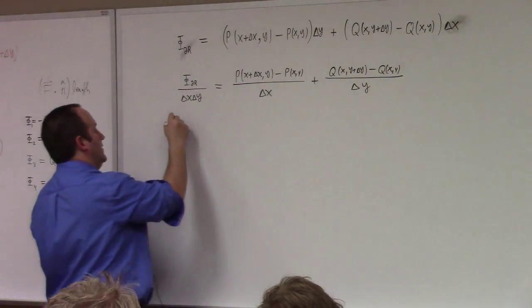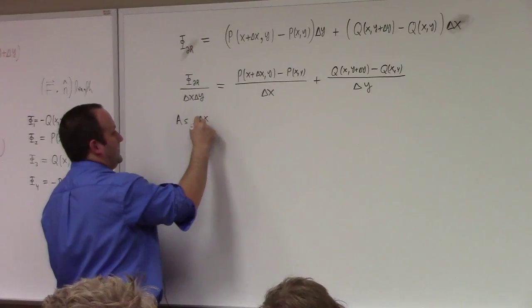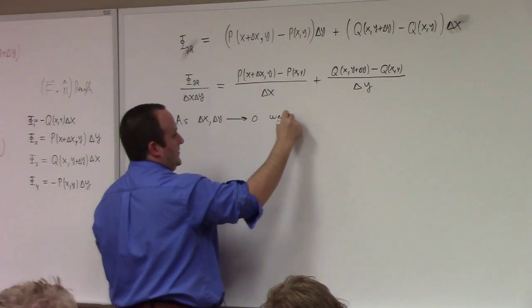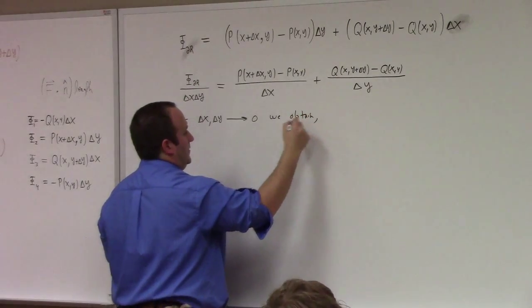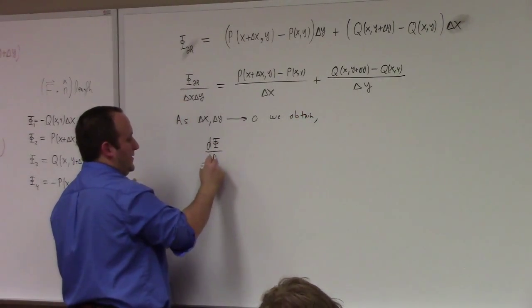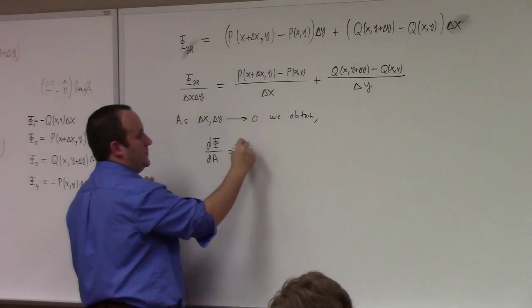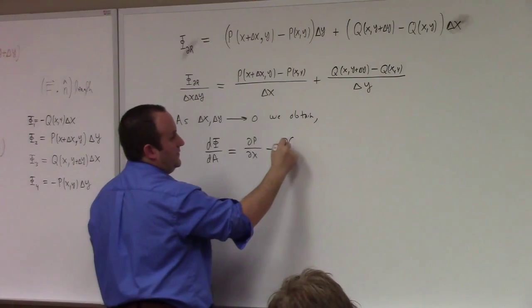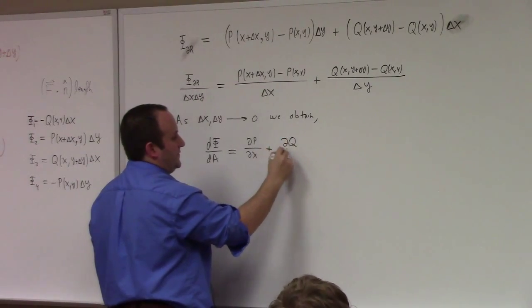Then, as delta x, delta y both go to 0, we obtain what I would call the change in flux per unit area, which is equal to partial P, partial x, plus partial Q, partial y.